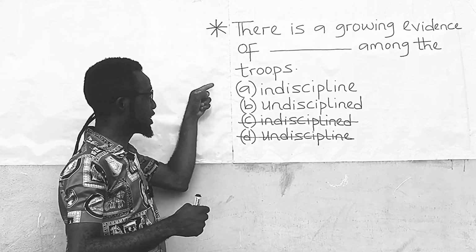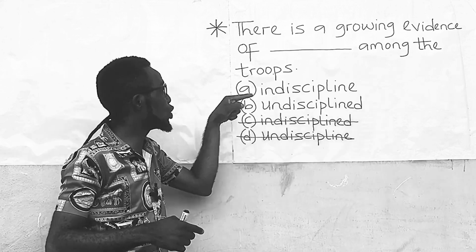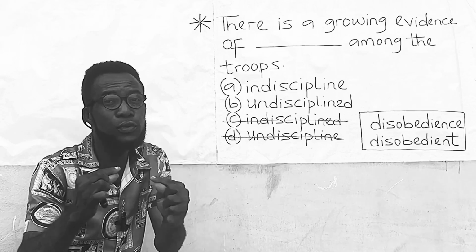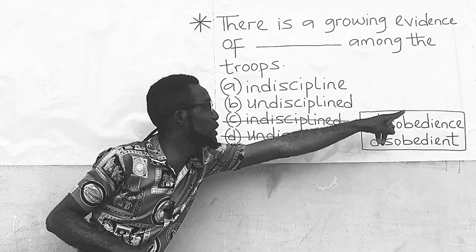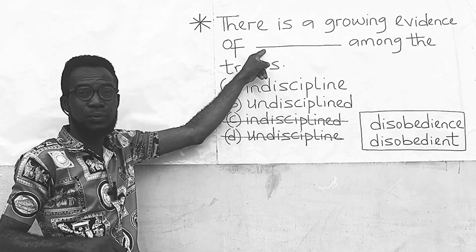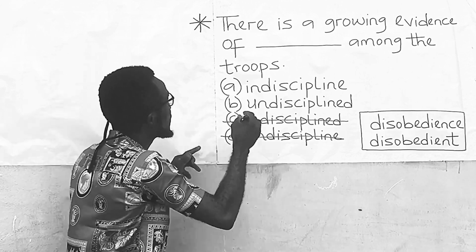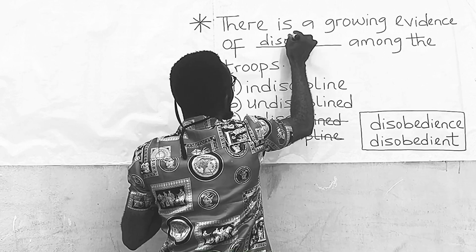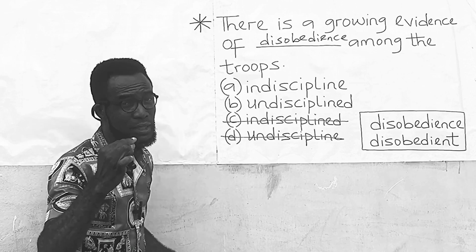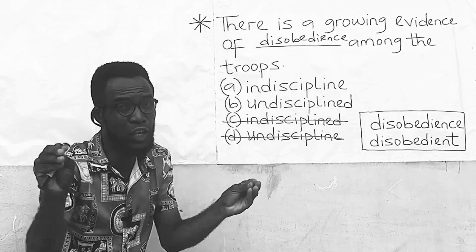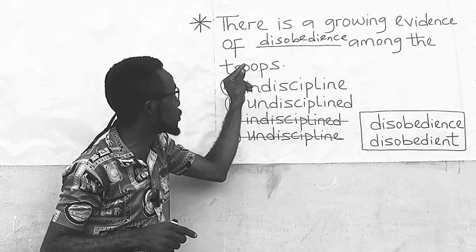It means that this question wants us to choose between option A, indiscipline, and option B, undisciplined. If I apply the shortcut of putting these two words, disobedience and disobedient, in the gap and checking which one will conveniently enter, I will find out that it is disobedience that can conveniently enter the gap, so that I can say there is a growing evidence of disobedience among the troops.